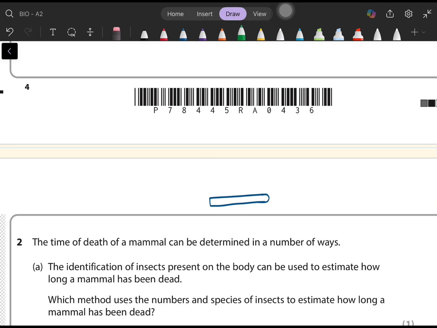When the blowflies arrive, they start to feed on this dead body and lay their eggs. The eggs then hatch, and the larvae feed on the carcass, they begin to grow, they become adults, and this procedure repeats itself.